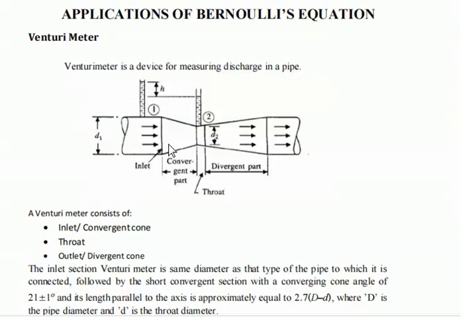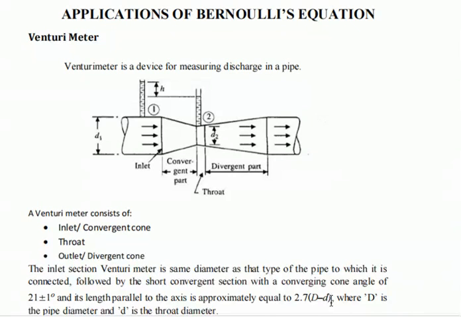If you draw one horizontal line here, this angle should be 21 plus or minus 1 degree, and its length parallel to the axis is approximately equal to 2.7 into capital D minus small d.